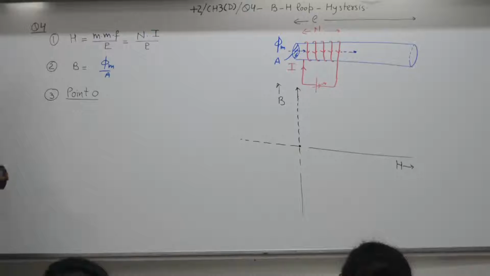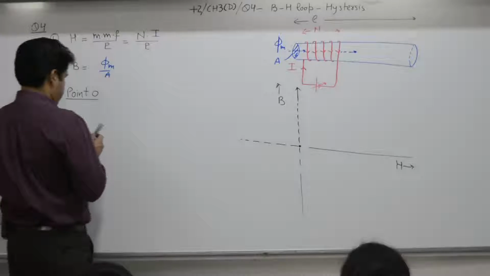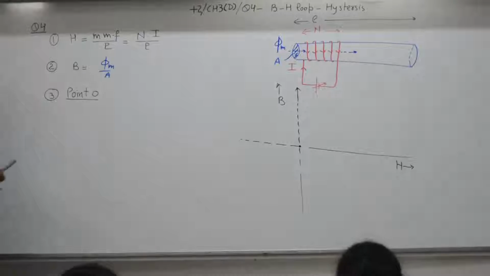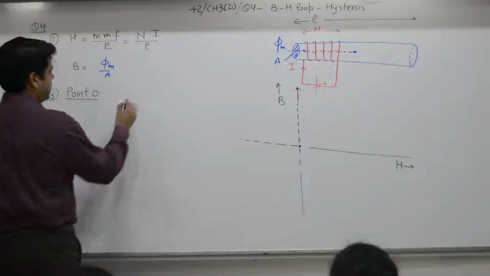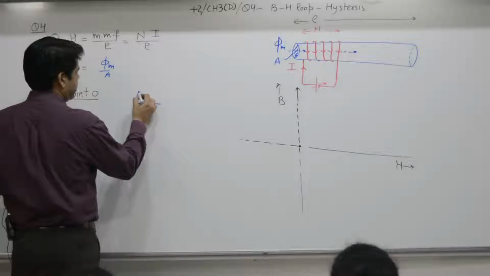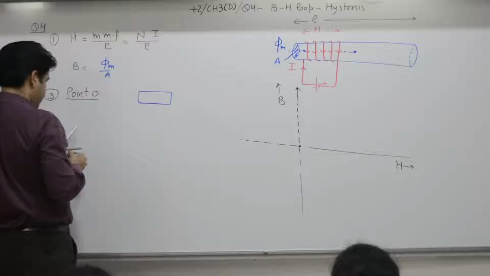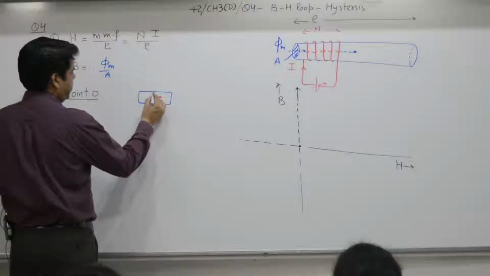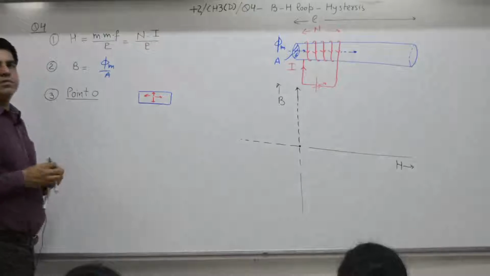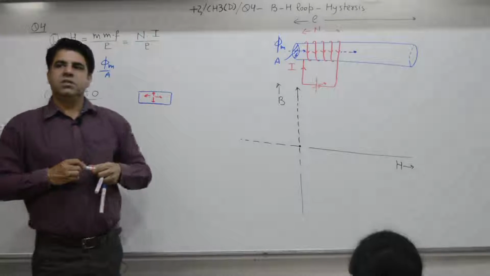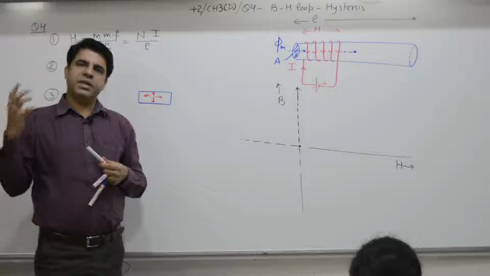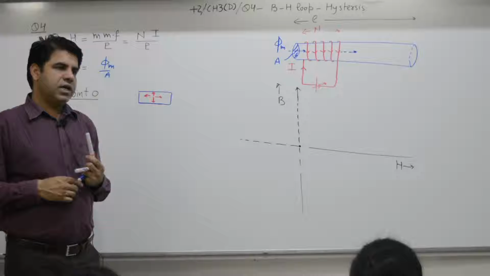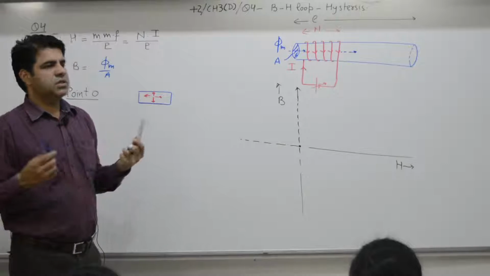Magnetic effect is 0 because in the material the atoms, or magnetic dipoles, are randomly distributed. You have just purchased a ferromagnetic material from the market and the magnetic dipoles are randomly distributed.